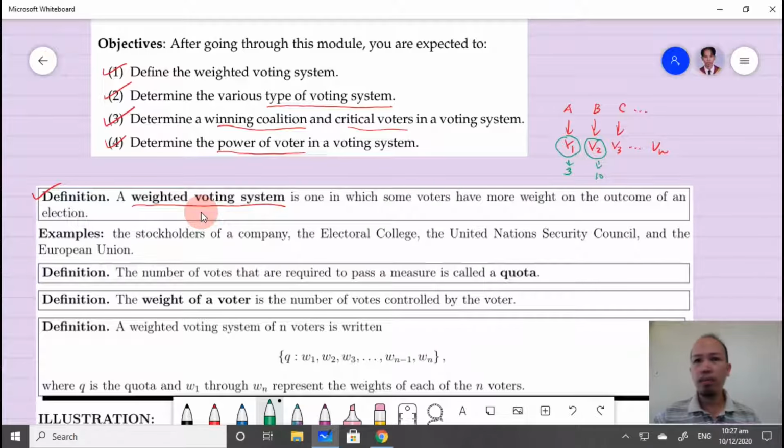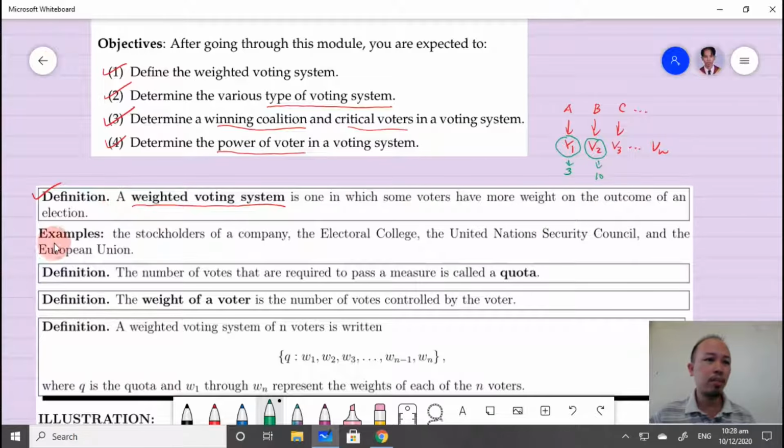His vote weighs 3, which represents 3 votes, just as if a single person has 3 votes on his own. Voter V2 has a weight equal to 10. This means his vote represents 10 votes, and so on and so forth.